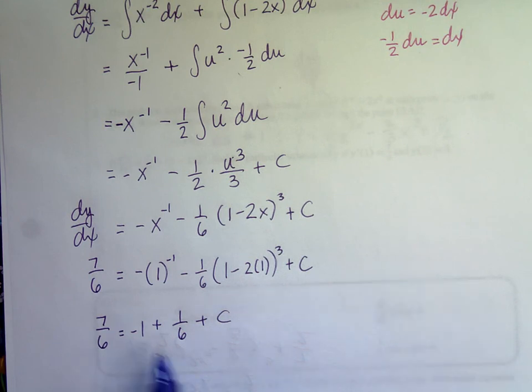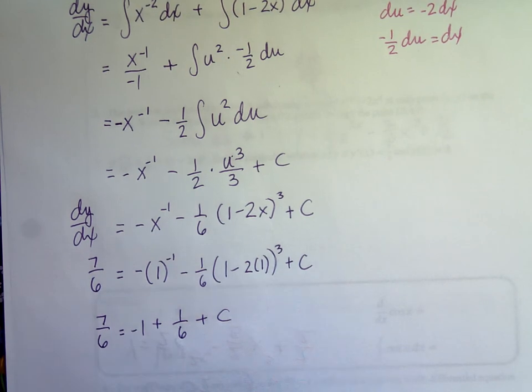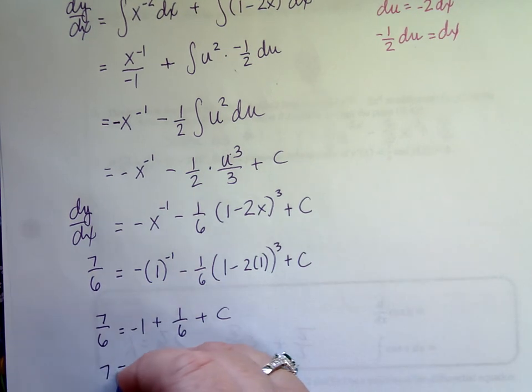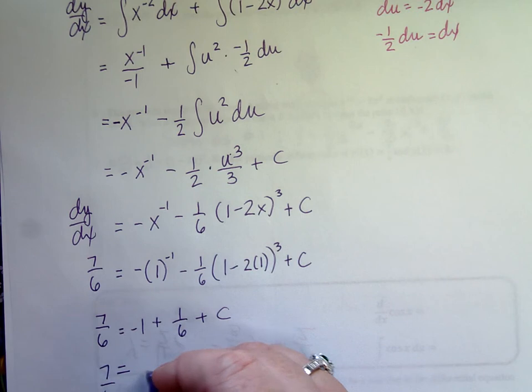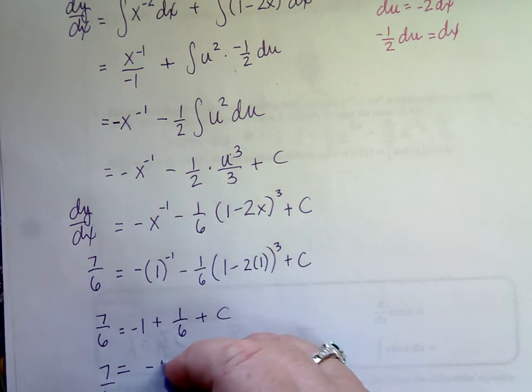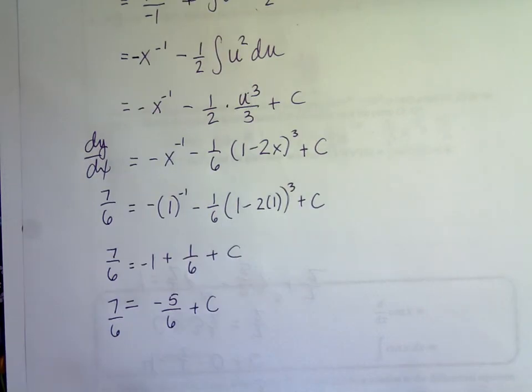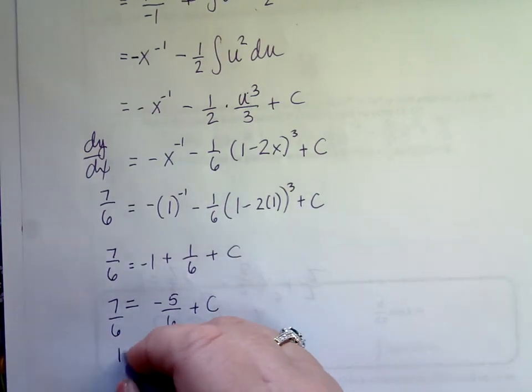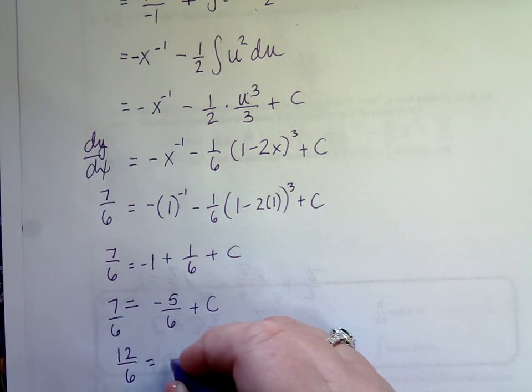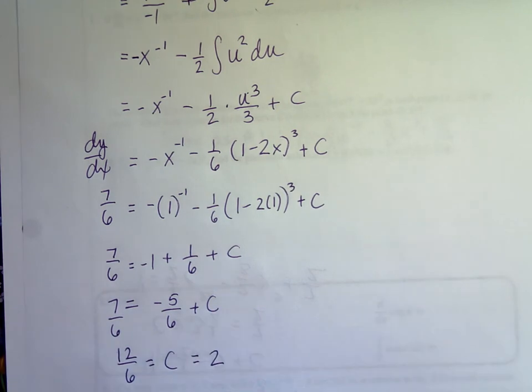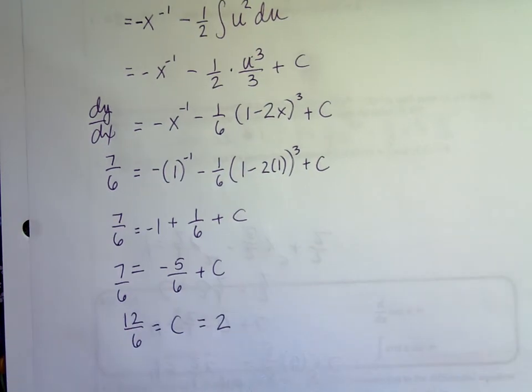If I have negative 1 and I add a 1/6 to it, I get negative 5/6. 7/6 equals negative 5/6 plus c. Swing that 5/6 to the other side, it becomes positive. Now I've got 12/6 equals c. So c is 2.